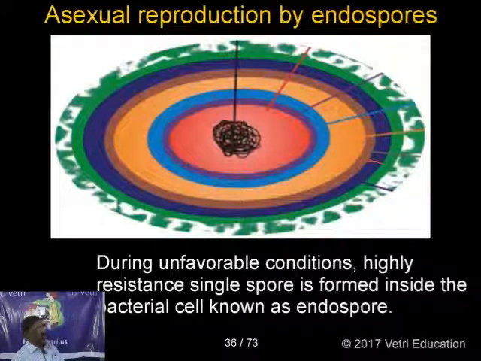Whenever the conditions are favorable, the protoplast inside the bacterium breaks the wall and comes out. I told you already, one bacterium gives one bacterium only, so we cannot consider it as reproduction. It is a way to tide over the unfavorable conditions only. So the endospore is known as a bacterial cell inside another one, a spore inside the bacterial cell.